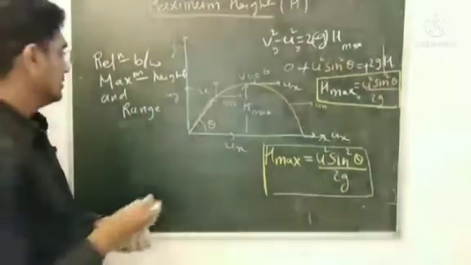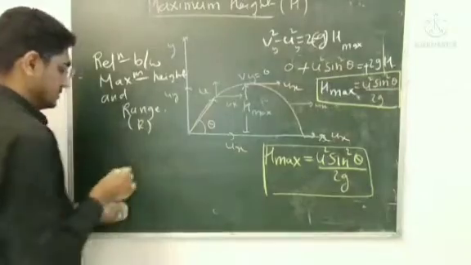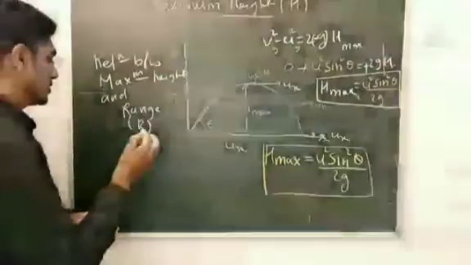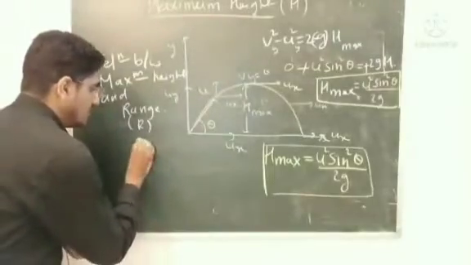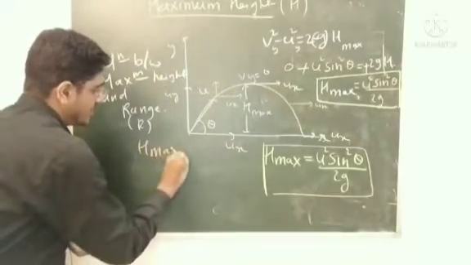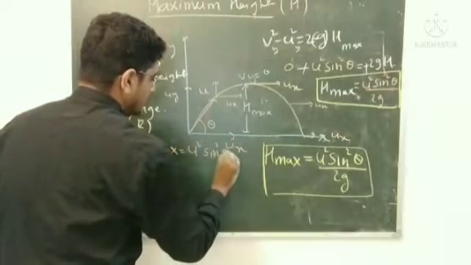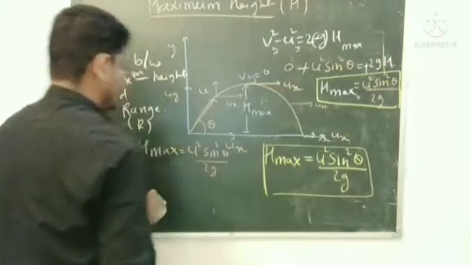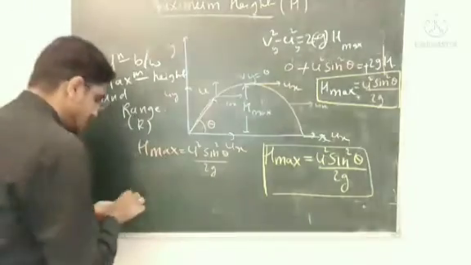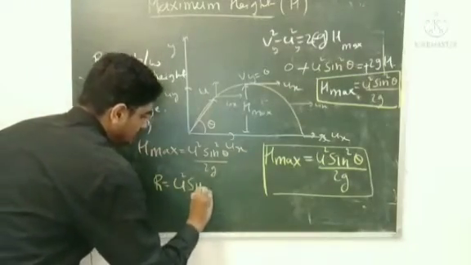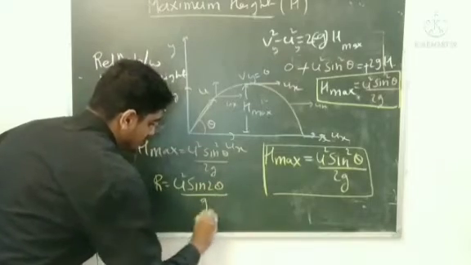So how can we find the relation between maximum height and range? Look, we know the formula for maximum height. This h max is u square sin square theta by 2g, and we also know the formula for range. Its formula is r equals u square sin 2 theta by g.